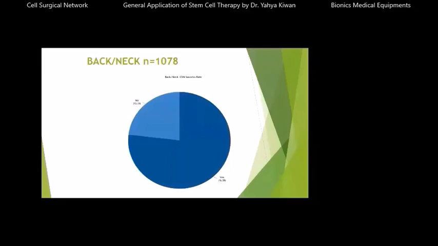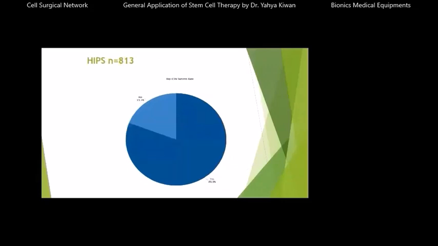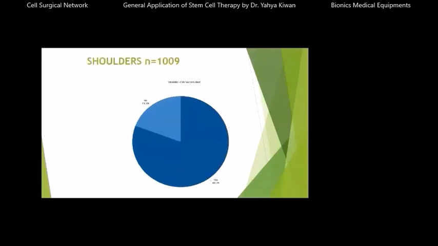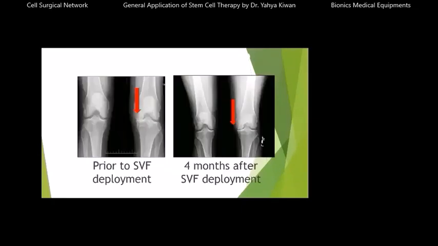Now, success rate in back and neck is 76%. Success rate in hip joint, 80%. Shoulder joint, 80%.